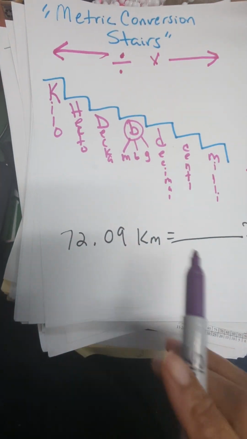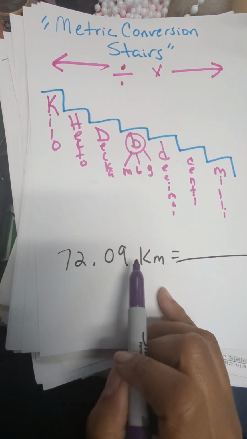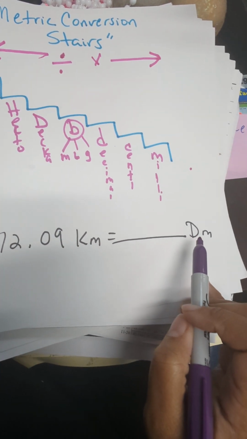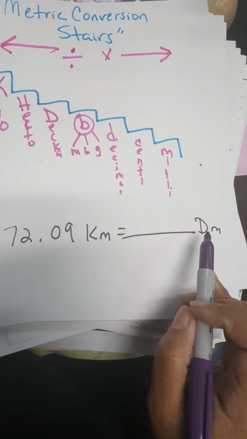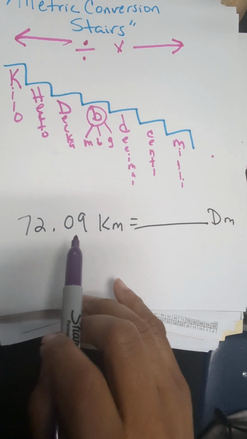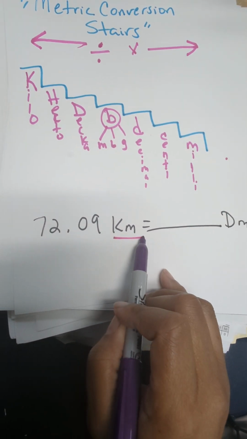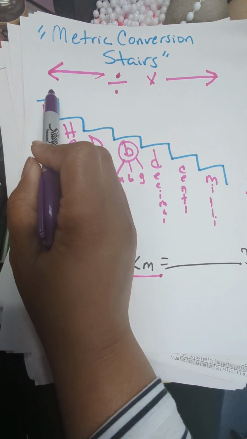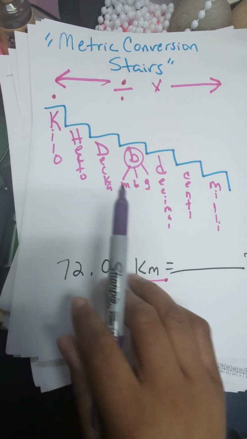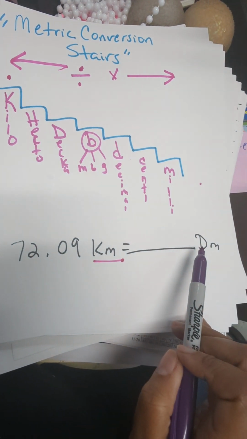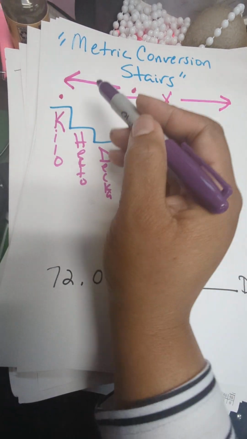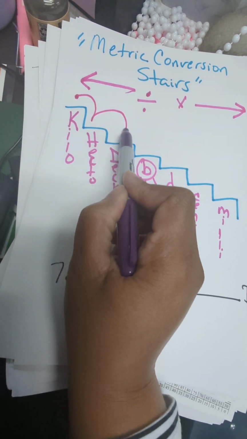So let's get started. We have 72.9 kilometers converted to decameters. So here we're going to start with our first unit, kilo, correct? Kilo is here. And we're going to jump our stairs until we get to capital D, deca. So let's start to jump. 1, 2.